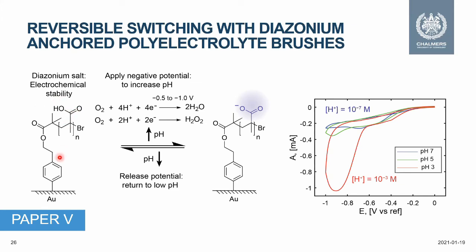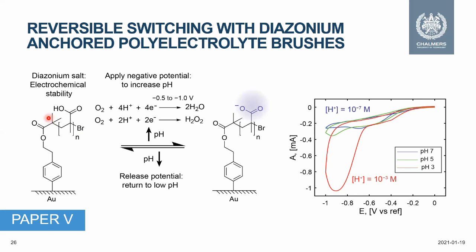Thiol surface initiators, which were used up to this point, could not be used since the thiol-gold bond is electrochemically unstable and it degrafts even when you apply modest, weak electrochemical potentials. Instead, we used diazonium salts to produce these linkers, as shown here, which permitted repeated switching without degradation.